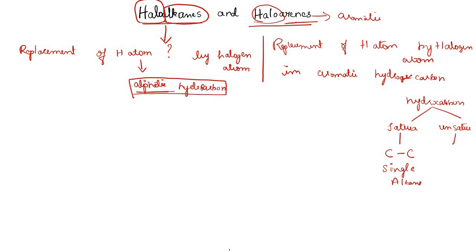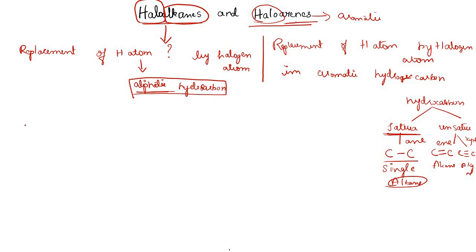And in the unsaturated, it's basically a carbon-carbon double bond or a carbon-carbon triple bond, that is alkene and alkyne. It's ene, it's yne, it's ane. So in haloalkanes, we are talking about this alkane bond, that is the carbon-carbon single bond.